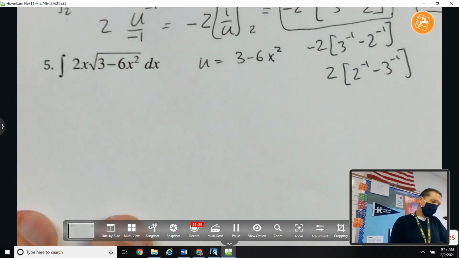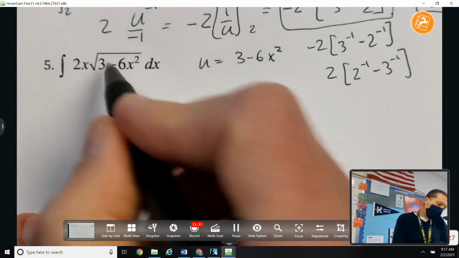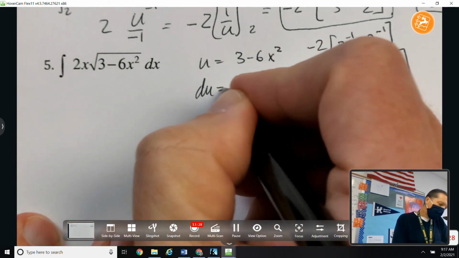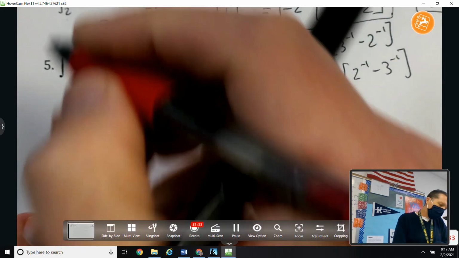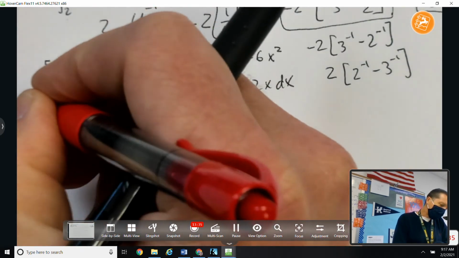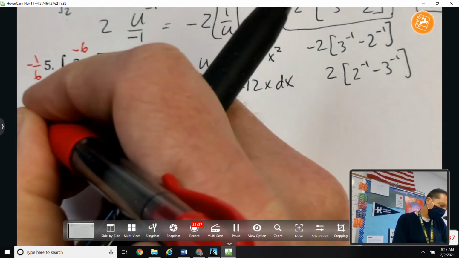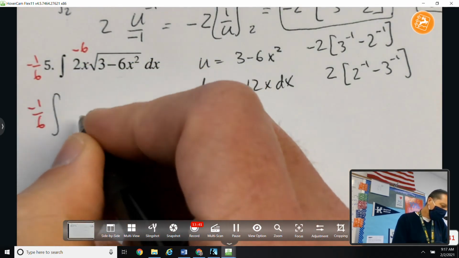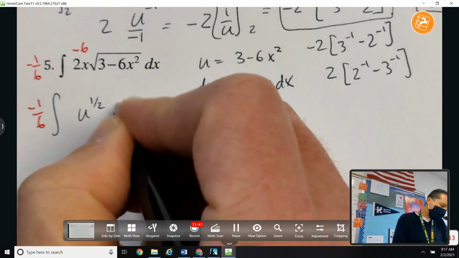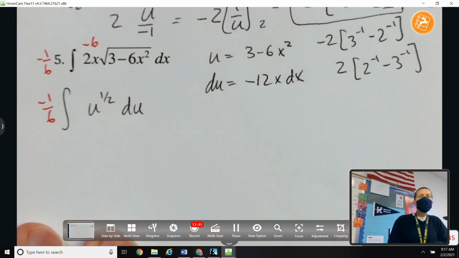Number 5. U will be the inside stuff. Du would be negative 12x dx. So I need a negative 6 on the inside and a negative 1/6 on the outside. So u to the 1/2 du. Not showing everything, but the bell's about to ring.